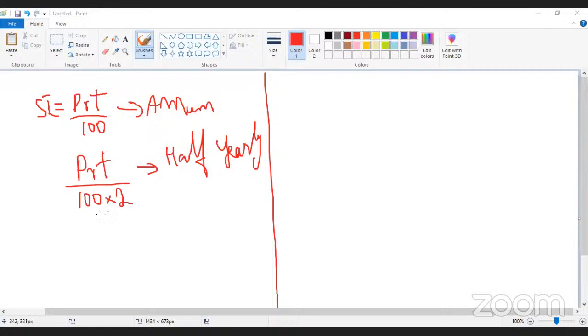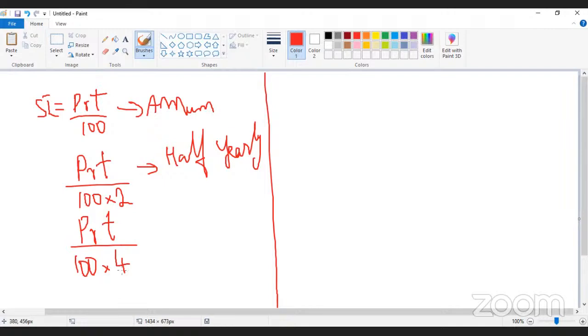Okay, so next one, PRT by 100 times 4. That means the amount I have to pay, I'm dividing it by 4 and paying it 4 times. In 1 year, I'm paying it 4 times. After how many months am I paying? 3 months.